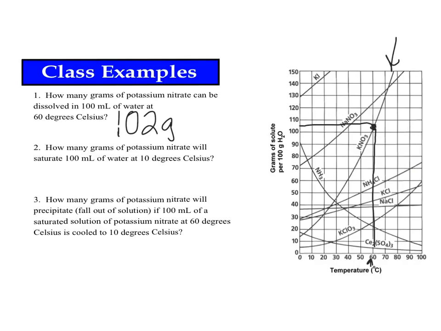The next question says, I'll get my eraser here. The next question says how many grams of potassium nitrate will saturate 100 milliliters of water at 10 degrees Celsius. So again, saturate tells me that I want to be on the line. So 100 milliliters of water, well, this is 100 grams of water, so that's the same thing.